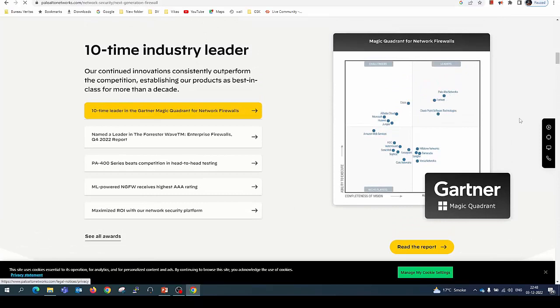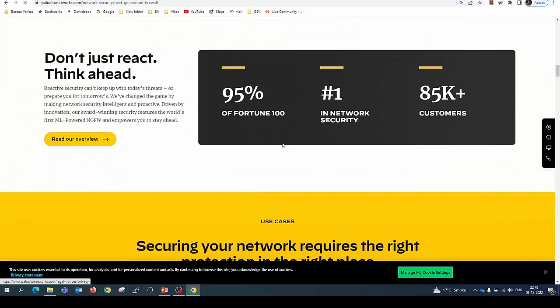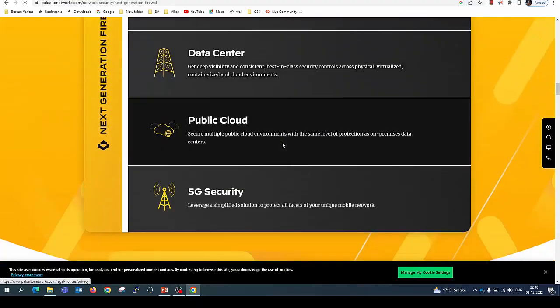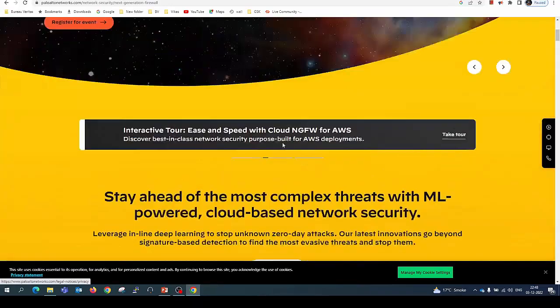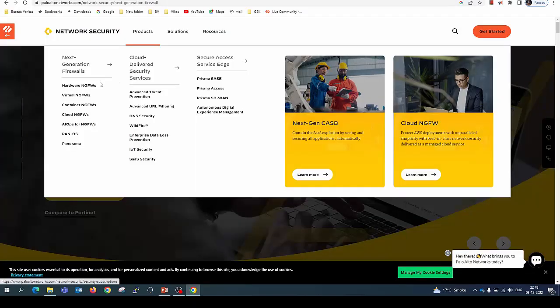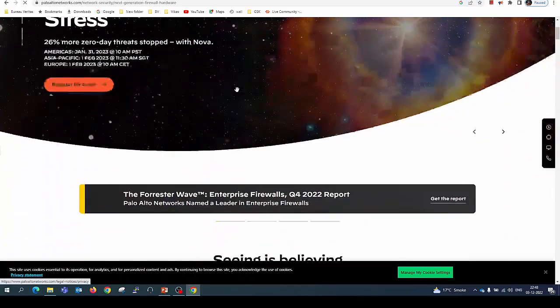They have also published this Gartner report over here, see, right? Where we have 3 companies. Okay, I wanted to see the hardware. Products, hardware, next generation firewalls. Okay.